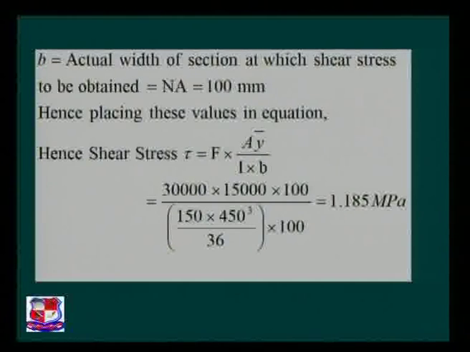We know the value of y bar. Y bar is the distance of the hatched portion to the neutral axis, that is 100 mm. We know the value of I, 1/36 bh cube. We know the value of B. By simplifying all these things, use your calculator, and we found out 1.185 Newton per mm square, megapascal, is the answer of the shear stress at the level of neutral axis.